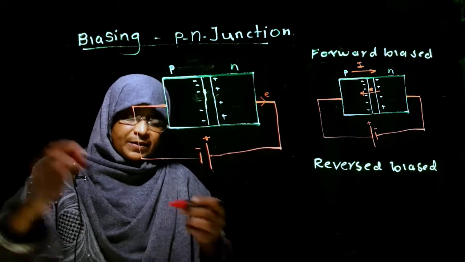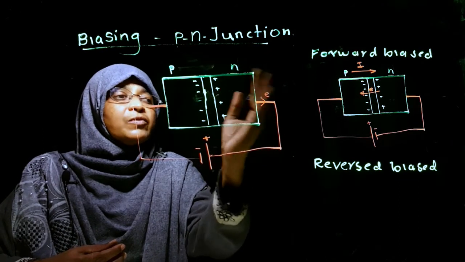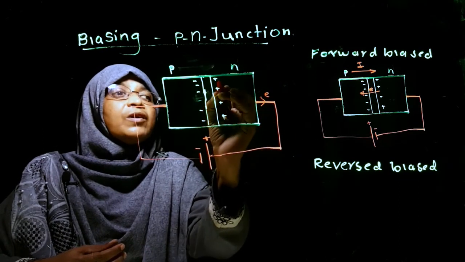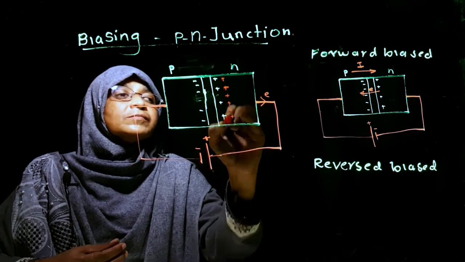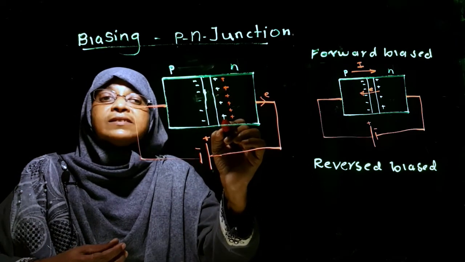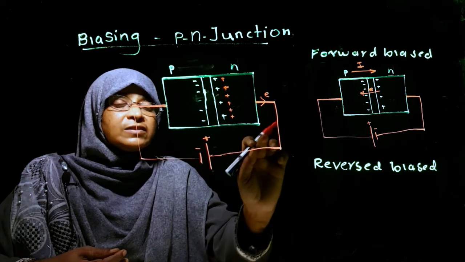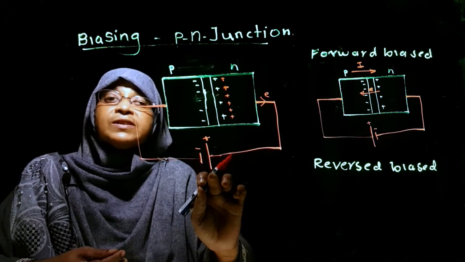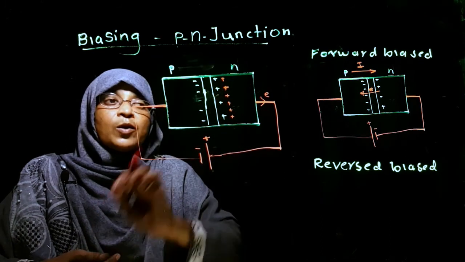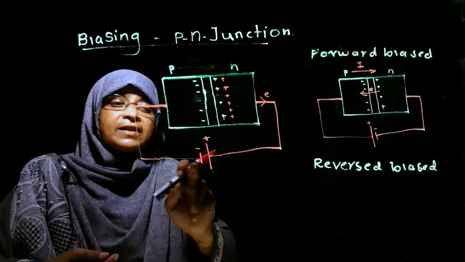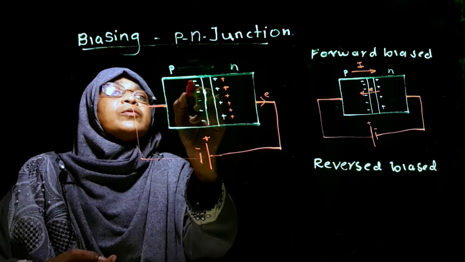So what will happen? Electrons from this side move away. So on this side, the holes increase. As electrons are attracted by this positive potential, holes move to this side. At the same time, holes on this side are attracted by this negative potential and also move to this side.